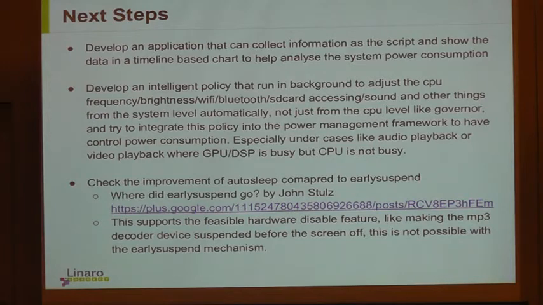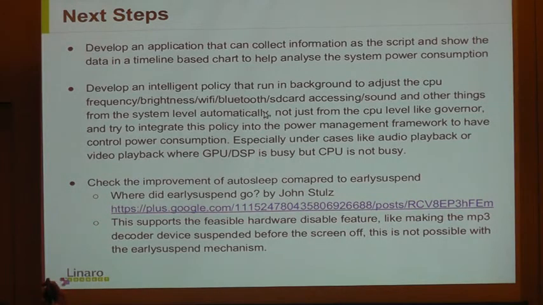The second is to develop an intelligent policy that maybe will run in the background, to adjust the CPU frequency or brightness or some other things from the system level, and run automatically.